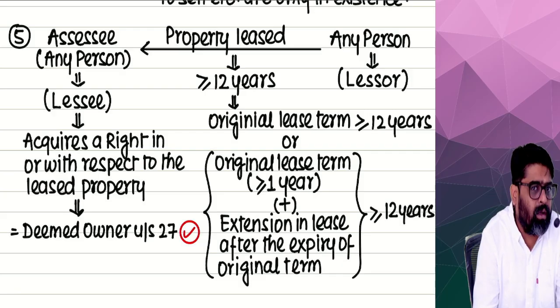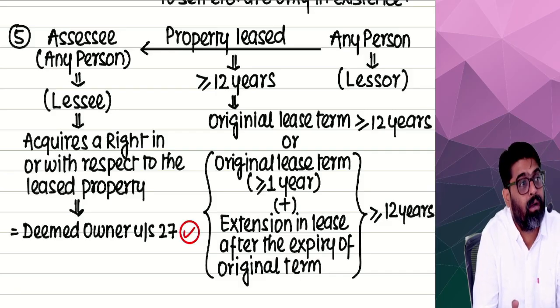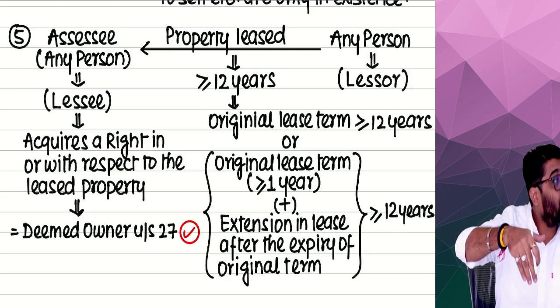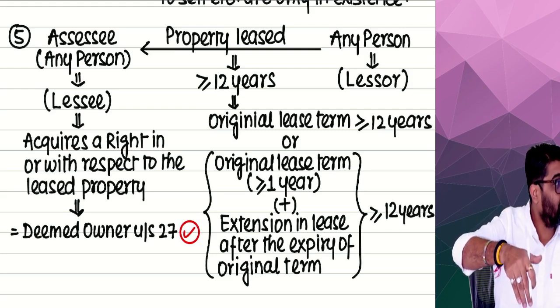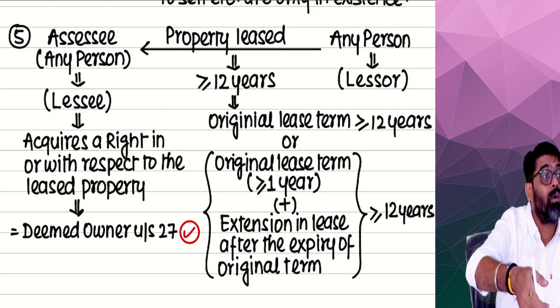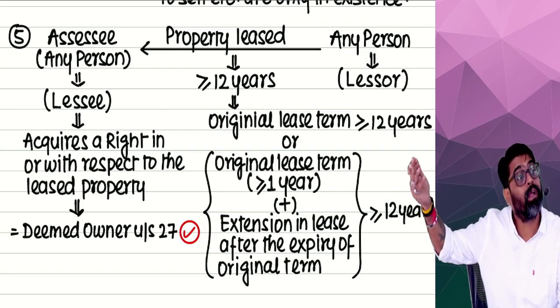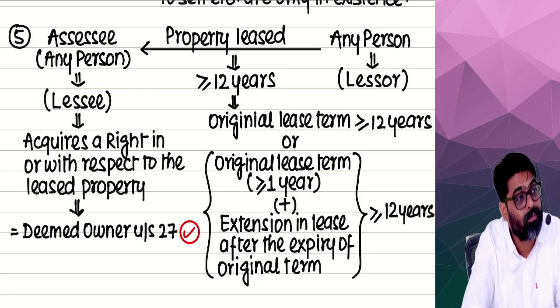And in the rent agreement, I have written that the lease period can be extended up to 2050. After the expiry of the 11 months lease term, this same lease agreement can be renewed till 2050.